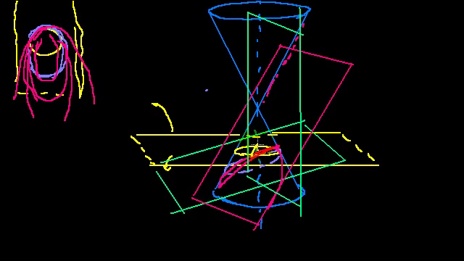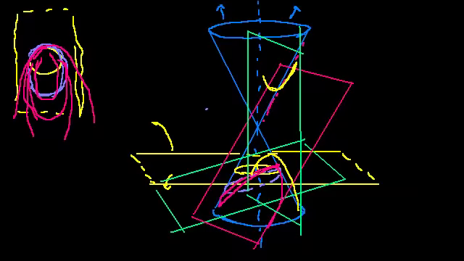The intersection would look like this. It would intersect the bottom cone there, and it would intersect the top cone over there. And then you would have something like this. This would be the intersection of the plane and the bottom cone, and up here would be the intersection of the plane and the top cone. Remember, this plane goes off in every direction infinitely.